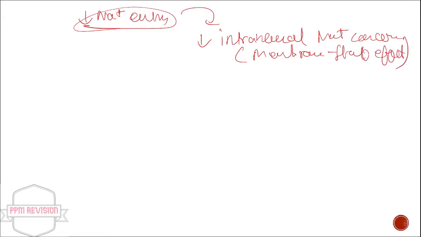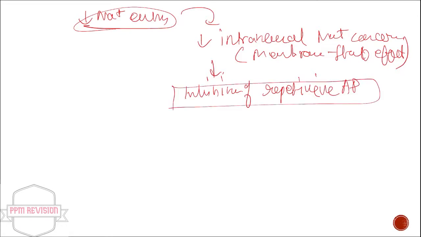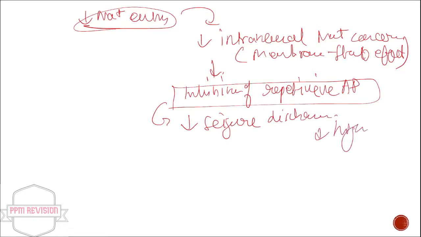And this again leads to inhibition of repetitive AP, that is nothing but action potentials, and it reduces the seizure discharges and decreases the high firing. So this is how it is.